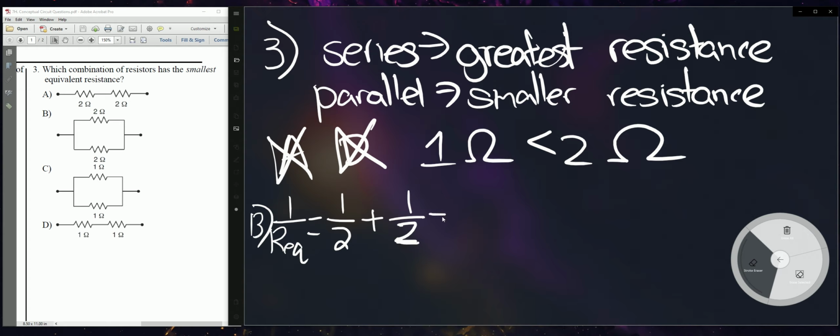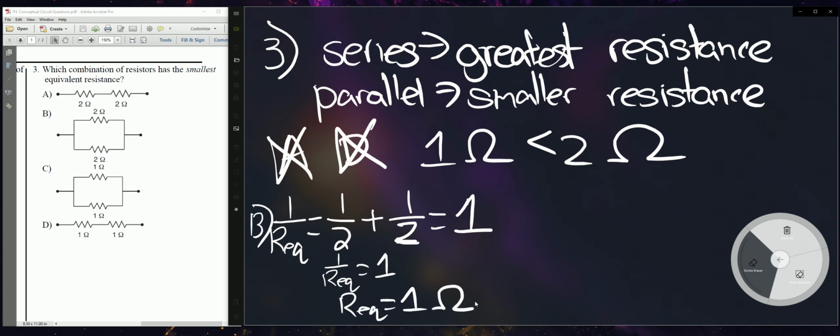So 1 half plus 1 half is 1. So 1 over Req is equal to 1, and so Req is just 1 ohm.